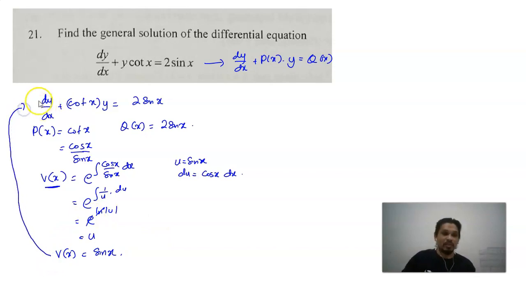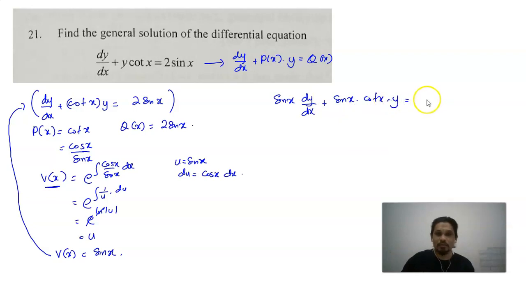We multiply the integrating factor with every single term in the equation: sine x dy/dx plus sine x cotangent x times y equals sine x multiplied with 2 sine x.